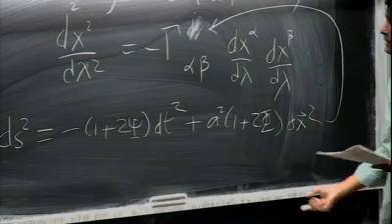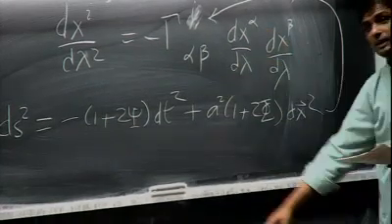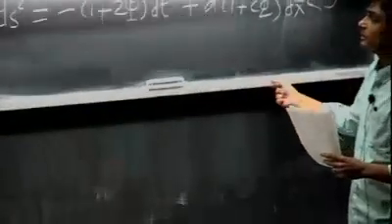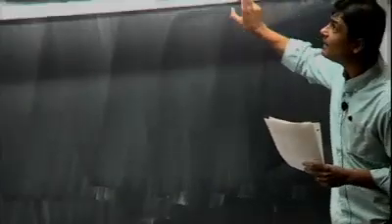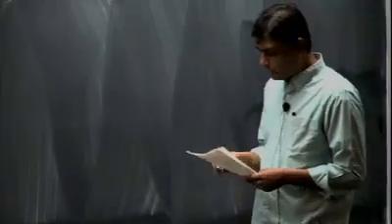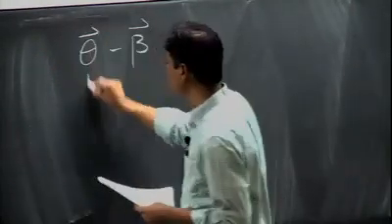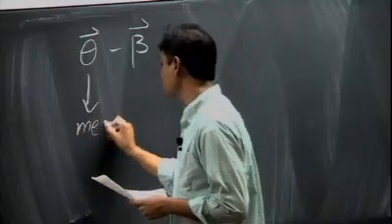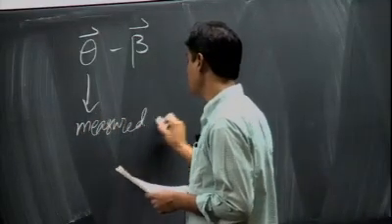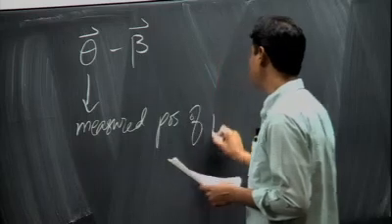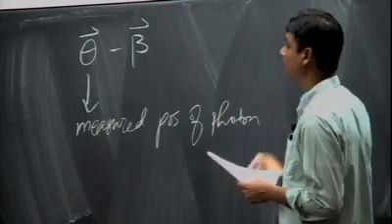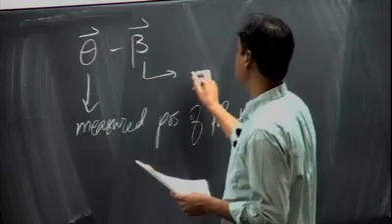I'm going to skip about two pages of algebra to get to the equation that we need. Let's define this: this is the measured position of the photon on the sky, and this is where you think the source is.